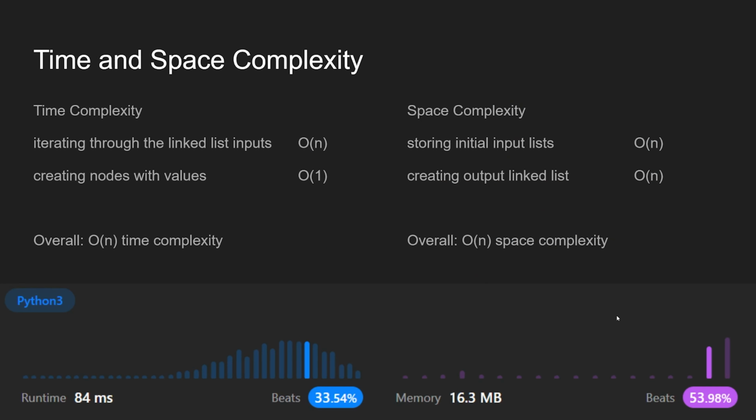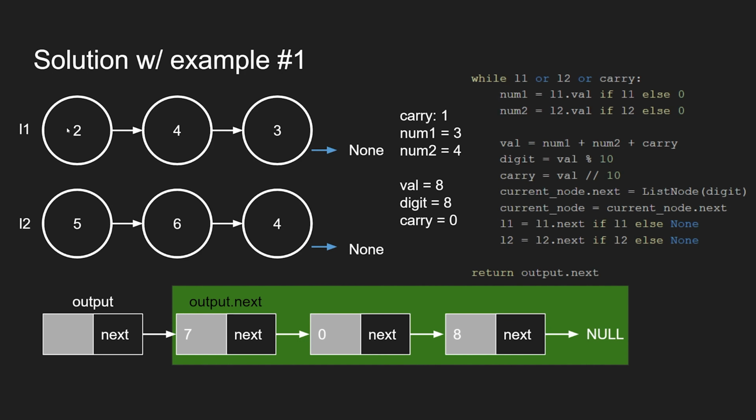So in terms of time and space complexity, time is just iterating through the linked list and creating nodes with values, and creating nodes and kind of adding them to the end is constant time. But iterating through the linked list, you need to pretty much go through each node one at a time.